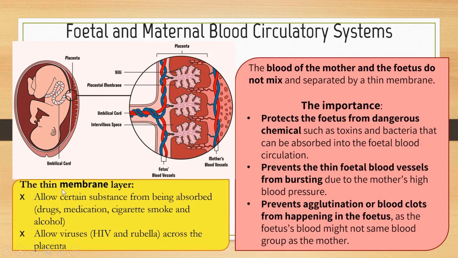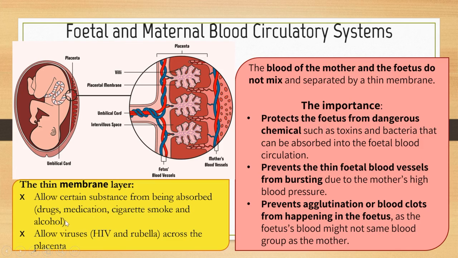Okay, next we go to this one. The thin layer membrane allows certain substances to be absorbed, such as drugs, medication, cigarette smoke, and alcohol. Because of that, the pregnant mother has to avoid all these substances because they can be absorbed into the fetal blood.